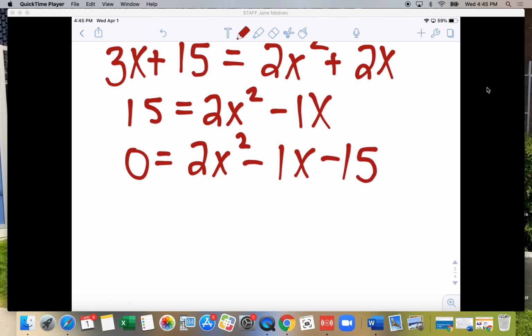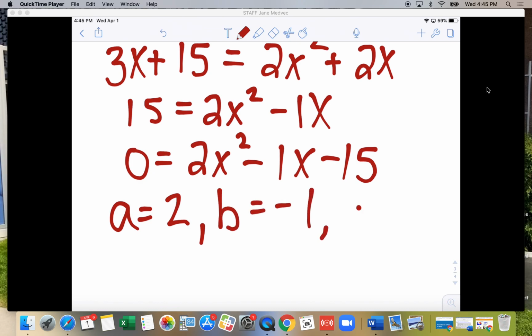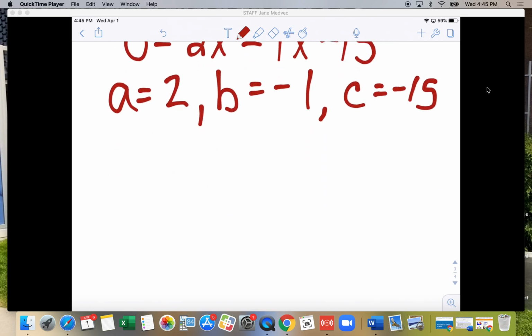So really what I did is I got it into something called standard form. Now I'm going to pick out my a. A is 2. B is negative 1. C is negative 15. And you'll remember a couple days ago we did, not the Pythagorean theorem, we did the quadratic formula.